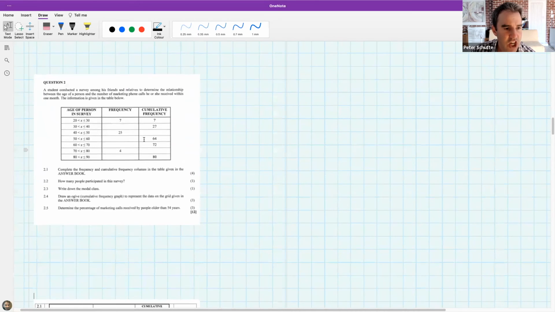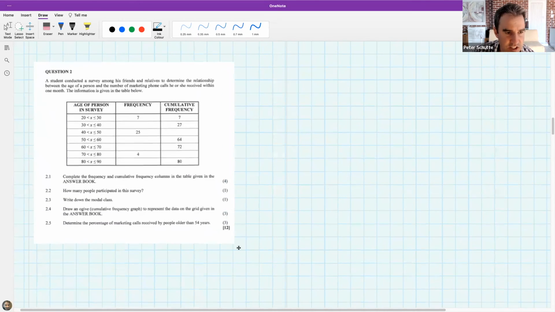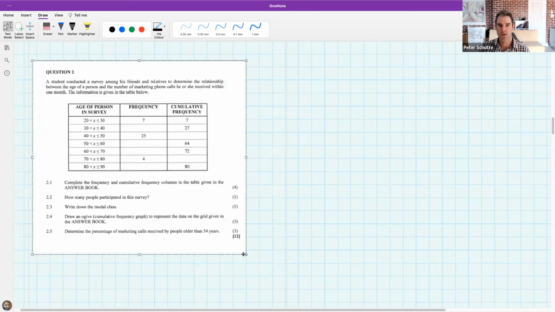Okay, so change of scenery now. So instead of doing a list of data, I'm giving you a grouped data table. This table is showing the age of different people, and then it's got a frequency column and a cumulative frequency column.